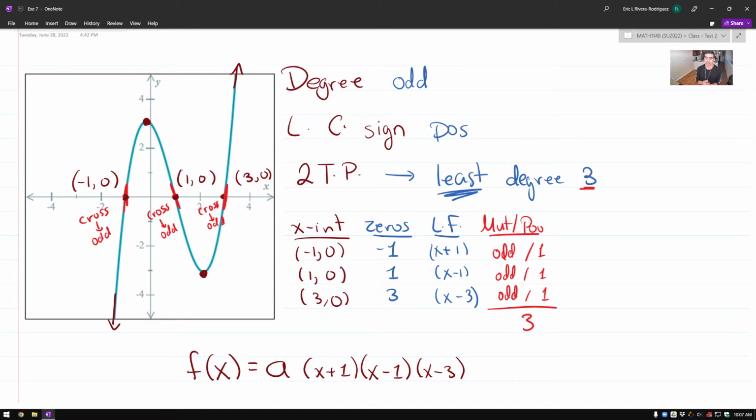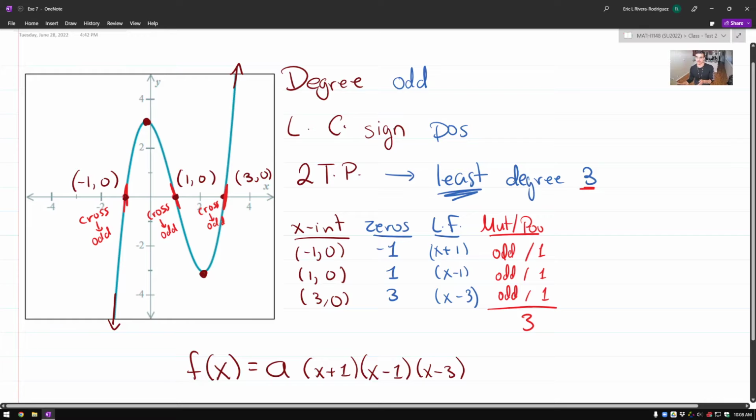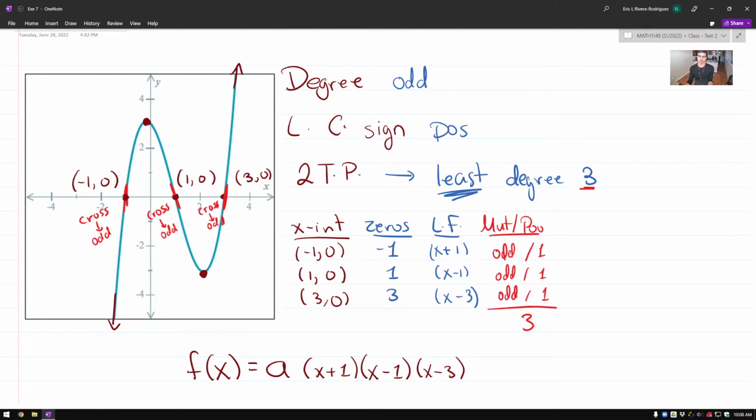So how are we going to find the value of a? In the previous example, when we were writing the polynomial function based on the zeros and a point, we had a point that we used to determine the value of the leading coefficient. Here in this graph, we can identify those values.